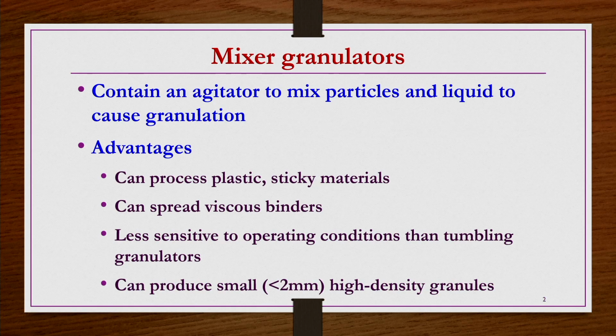However, in these mixer granulators operating conditions are not very sensitive, so consolidation and similar processes may not be very severe. And they produce granules of size less than 2 mm which have high density. So high density granules of appropriate size up to 2 mm or less can be conveniently produced by these mixer granulators.